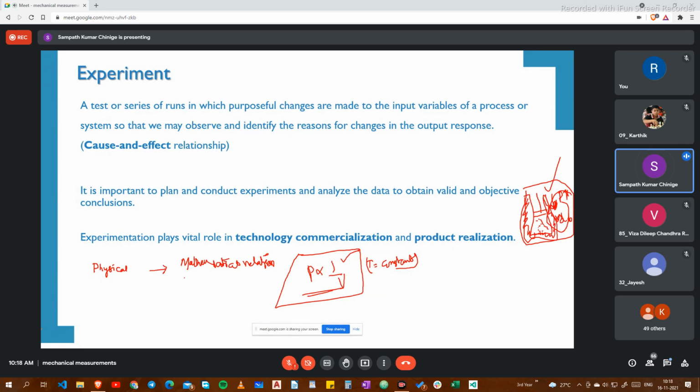So in a physical phenomenon, you have done some experiments, and from that you will have the mathematical relation. After looking at this, suppose you want to find out the relation between temperature, for example, you can use these mathematical relations to form a code. The repetitive thing you are writing is a code, a program. And that program will help you, with the help of computational fluid dynamics or the control volume method, whatever the numerical simulation model, to solve these equations.